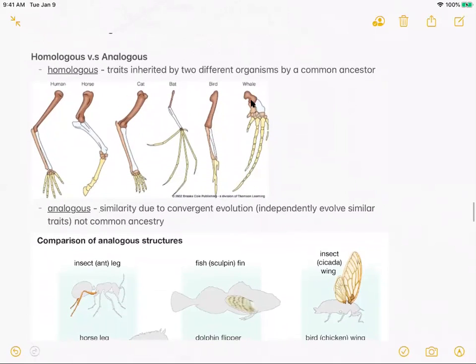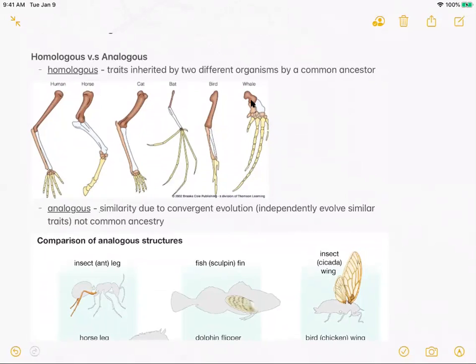And then briefly going into homologous versus analogous traits. Homologous traits are inherited by two different organisms from a common ancestor. In the case of human hands or a cat's paws, we have similar bone structures, and this is because we inherited these from a common ancestor.